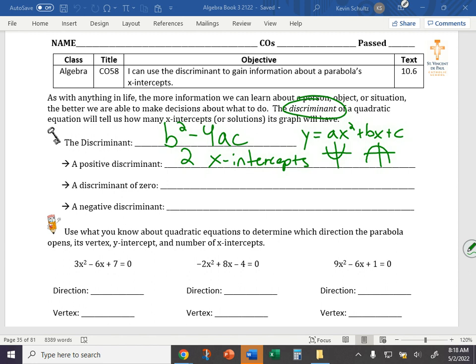A discriminant of 0 specifically means that there is one x-intercept. If the discriminant equals 0, it means the vertex is on the x-axis. Your parabola will either look like that, or something like that. It only touches the x-axis in one spot.